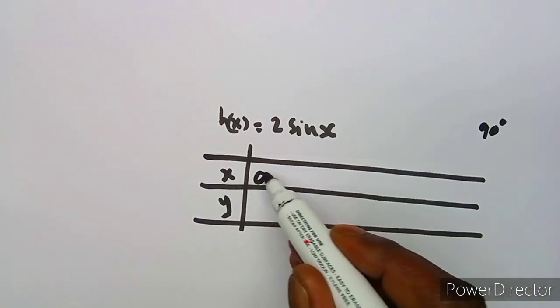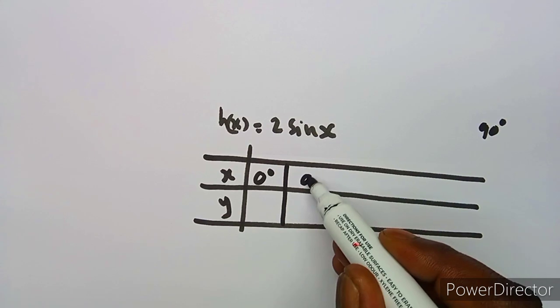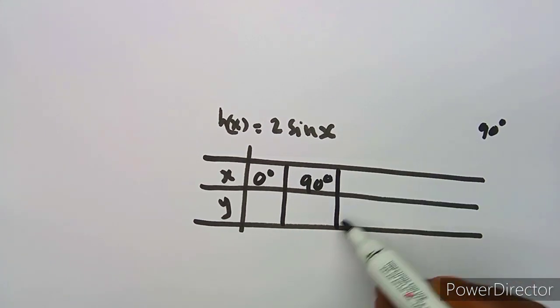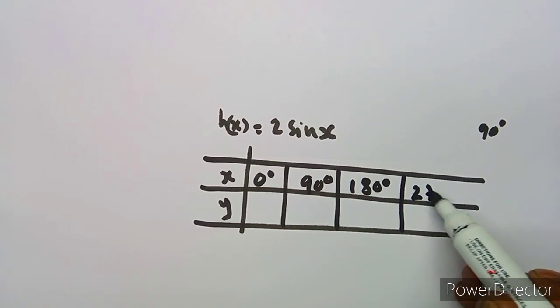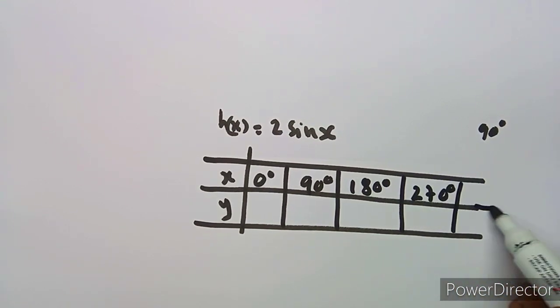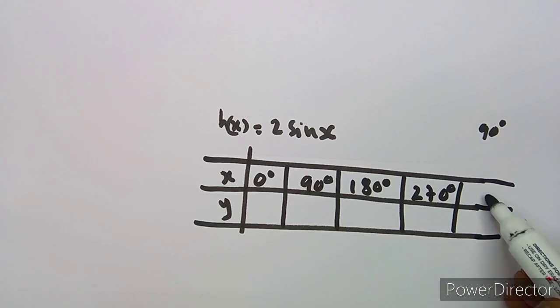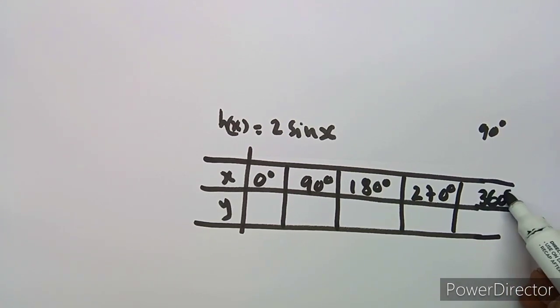So you're going to use 0, 90, separated with a step of 90, so it's going to be 180, 270 there. If you add 90, 270 plus 90 is 360.